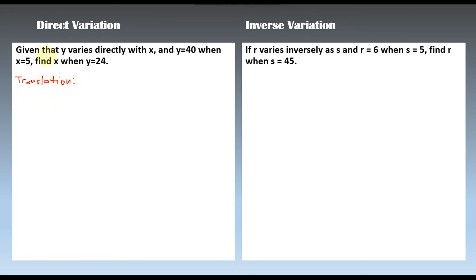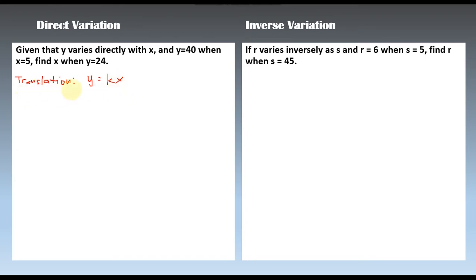Given that y varies directly as x, this can be translated as y equals kx. Again, the first variable is followed by varies, which means equals k, and then the last variable, which is x. Next step is to look for the constant of variation.